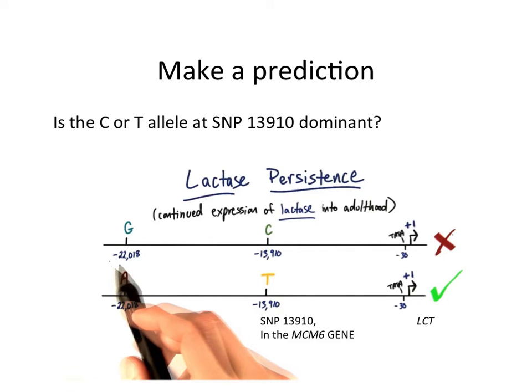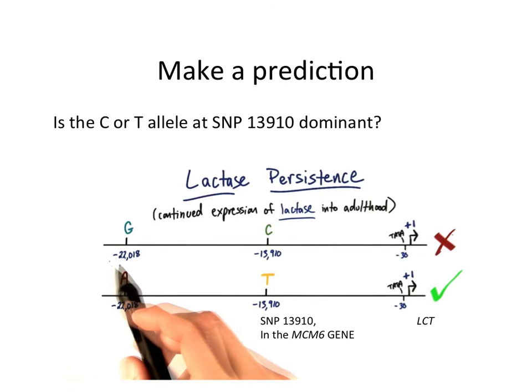What about the N's covering up an A? There. So you're right. It's not a single, it's a double nucleotide. Right, so there are many differences at single nucleotide positions between these two chromosomes, one that does produce lactase into adulthood and one that doesn't.